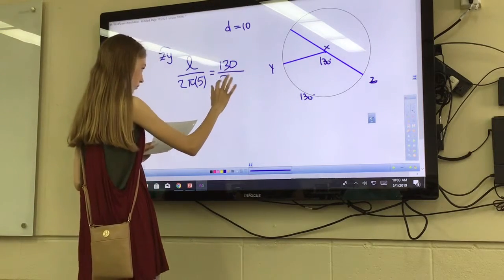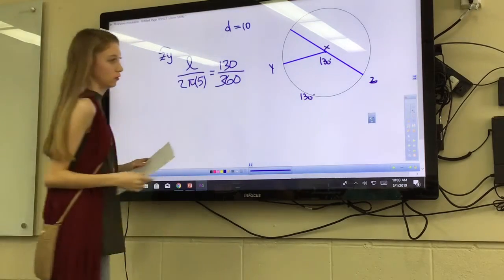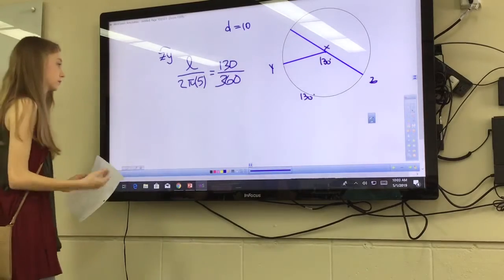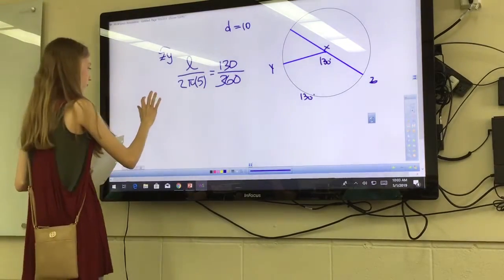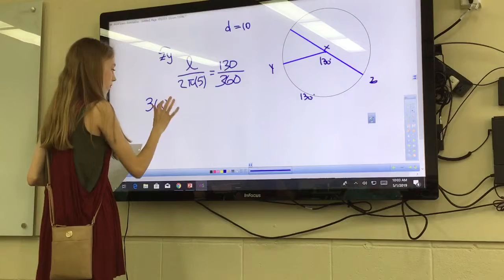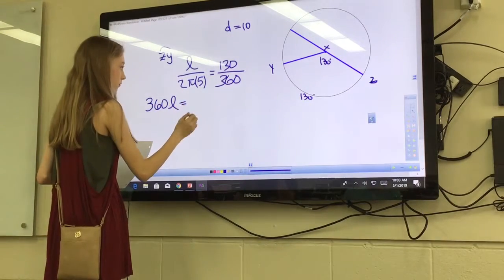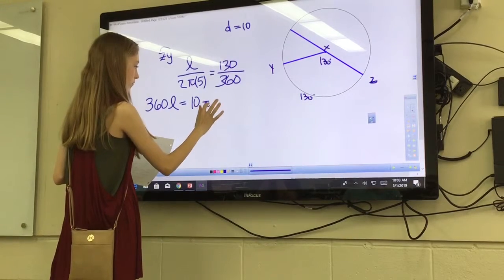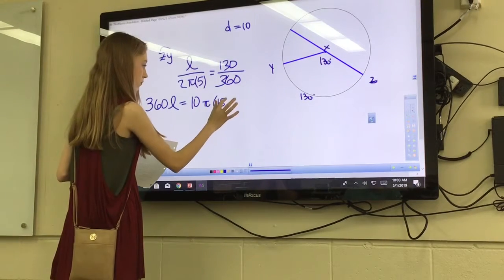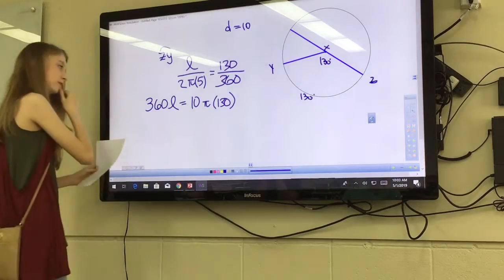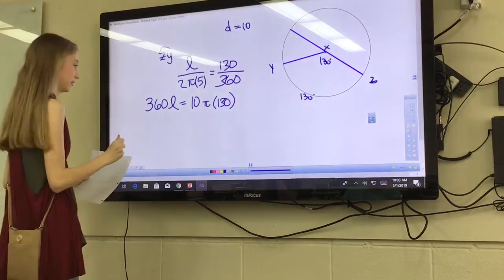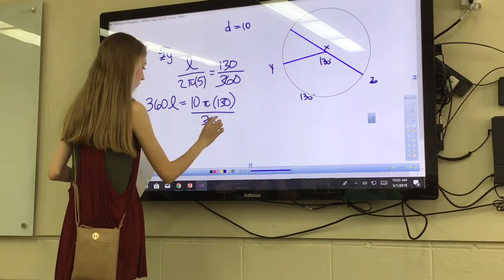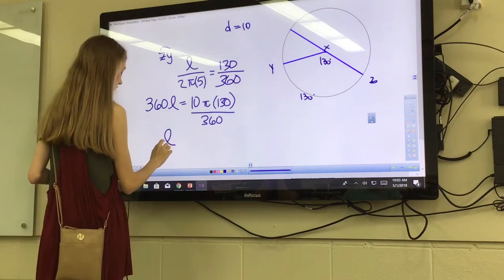she said 130. What does 130 represent? The measure of the arc over 360. What does 360 represent? The whole circle, the whole circle in degrees. So she's cross multiplying 360 times L equals 10 pi times 130, and she's dividing by 360.